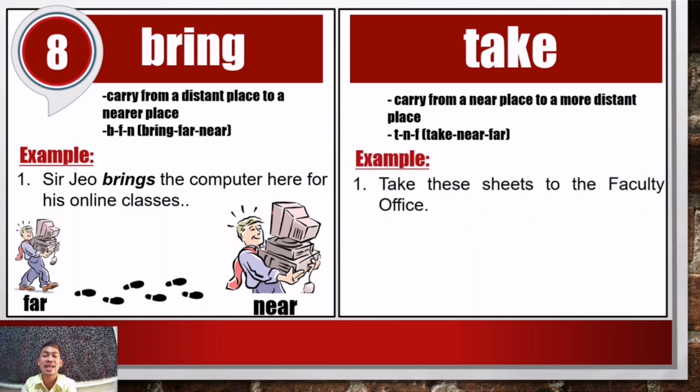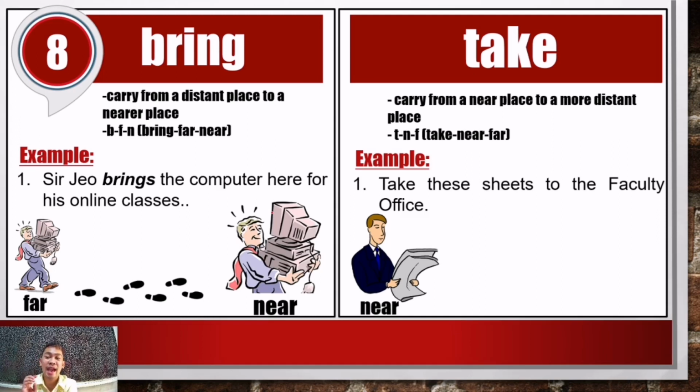Now let's have this example. Take these sheets to the faculty office. So I use take there because the demonstrative adjective these refers to sheets that are near to the speaker, or near to me.